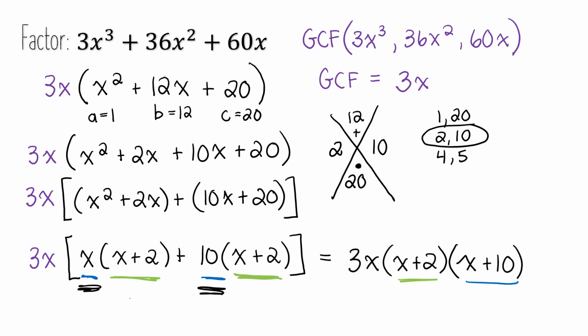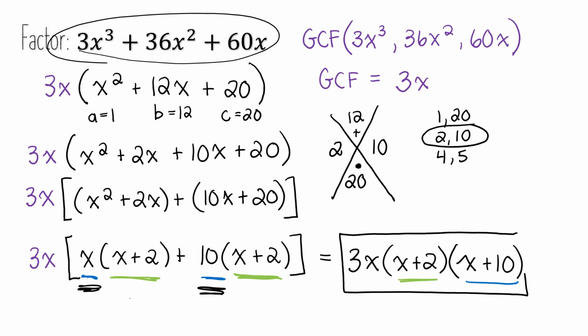So the final factored form of the expression 3x cubed plus 36x squared plus 60x is equal to 3x times the quantity x plus 2 times the quantity x plus 10.